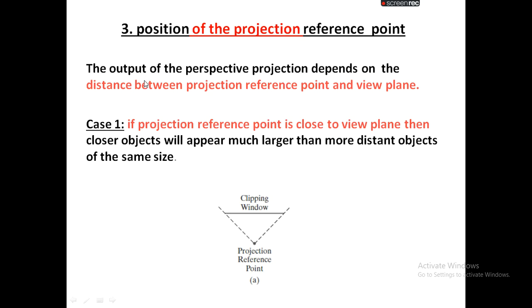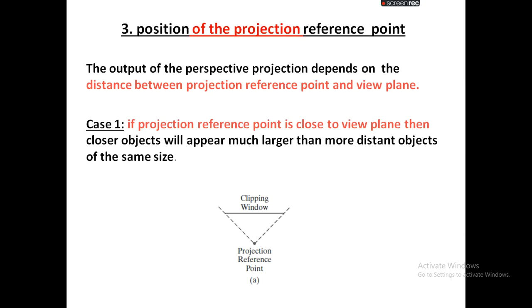So the output of the perspective projection depends on the distance between the projection reference point and the view plane. What I am telling is that the image or coordinate position of the object that we translated onto the view plane mainly depends on the distance between the projection reference point and the view plane.